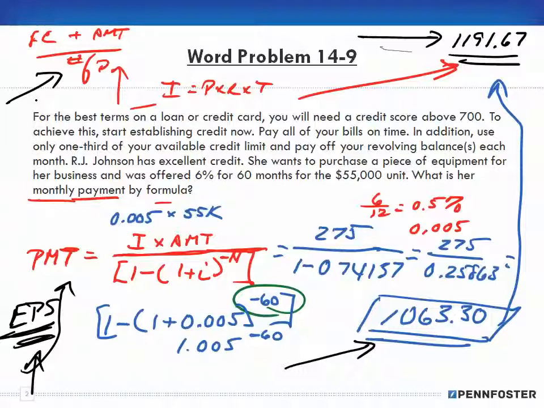If you have any questions, by the way, with this particular problem, some students will actually do the problem this way and get this answer, but there will also be students who come up with this answer because they are using this payment formula.